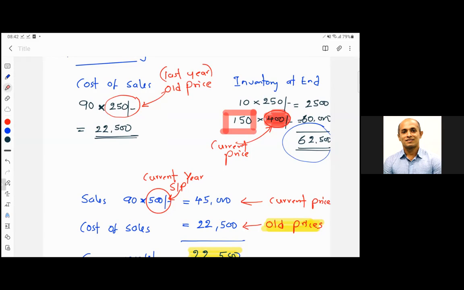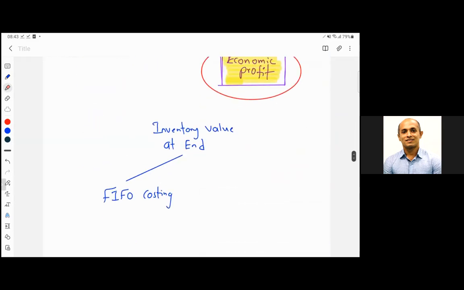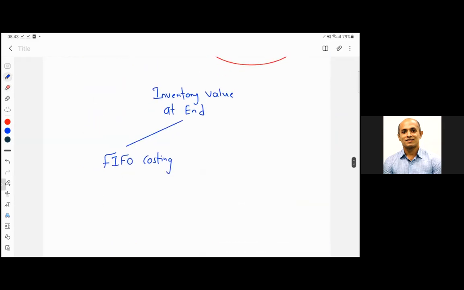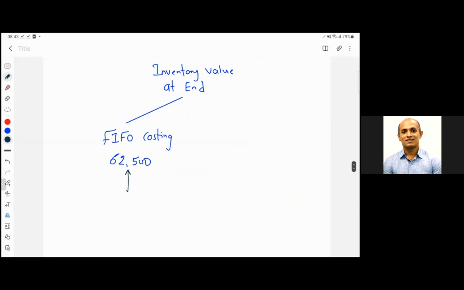Therefore, this inventory value represents current cost. This inventory value is at current prices, 62,500. So this represents the current cost of inventory.